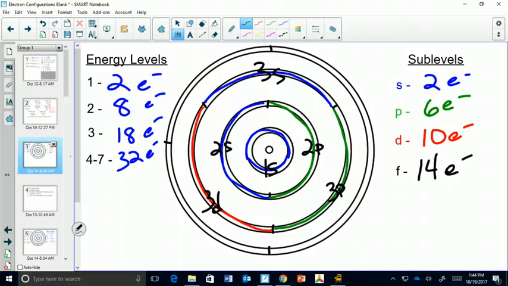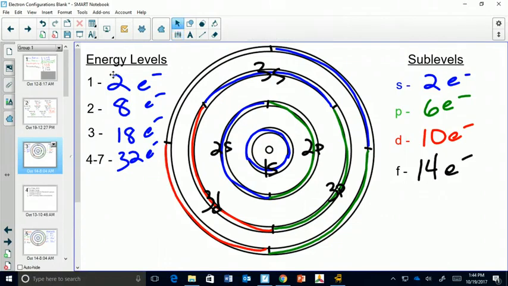The 4th as well as the 5th, 6th, and 7th energy levels have all 4 sublevels. We have an S sublevel, a P sublevel, a D sublevel, and last but not least, an F sublevel.